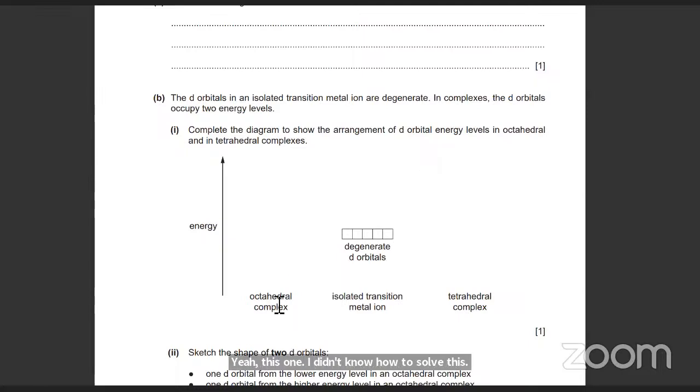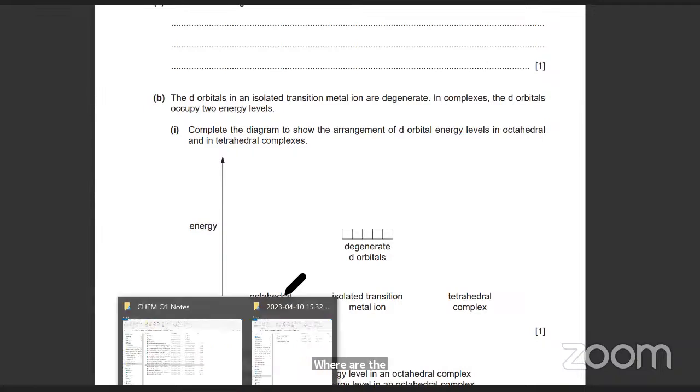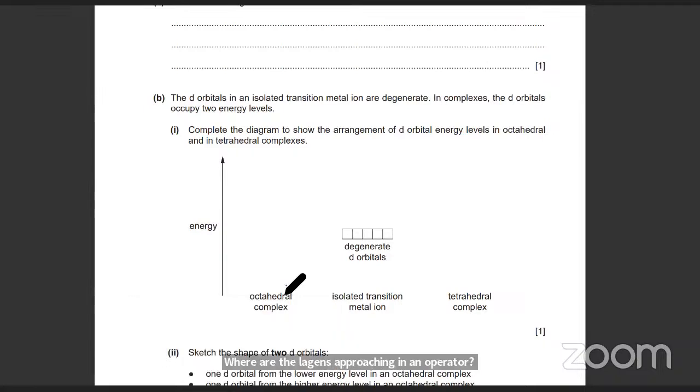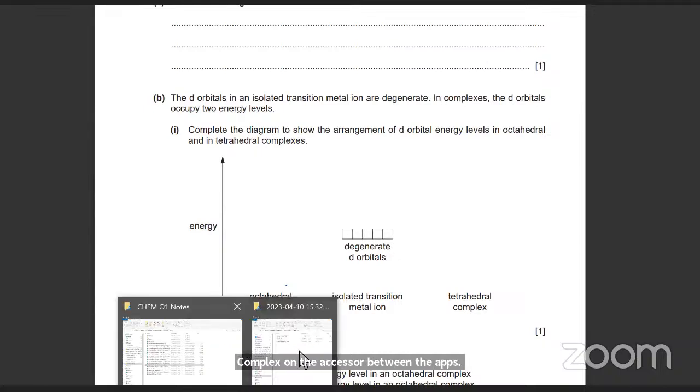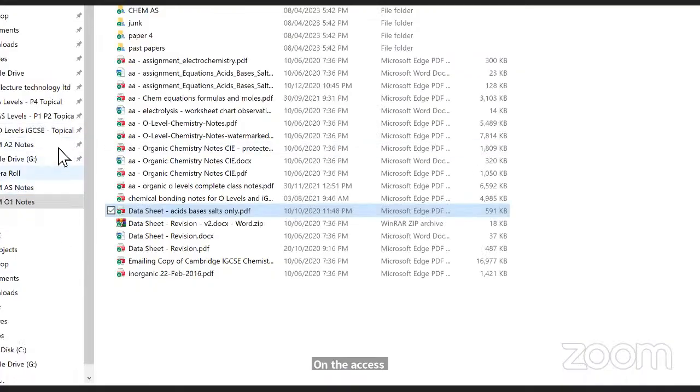In an octahedral complex, where are the ligands approaching? On the axis or between the axes? On the axis, so it's harder to keep electrons on the axis. Let me just show you.